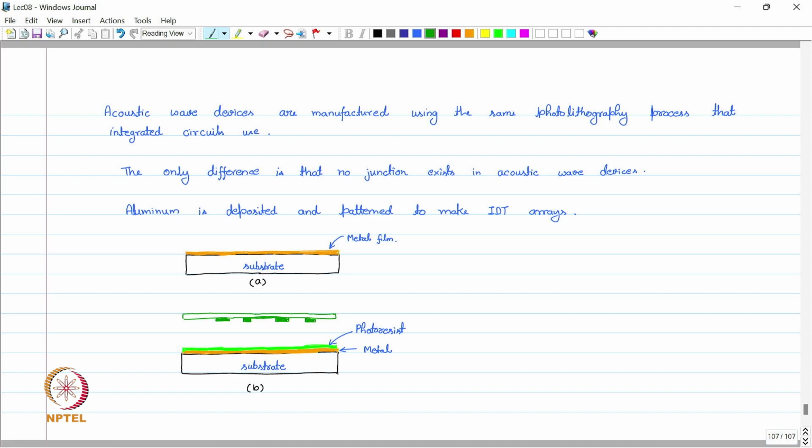So when you put the mask on top of it and you shine UV light on the top, the light will pass where the mask is transparent, leaving a pattern on the photoresist, and the photoresist will harden.